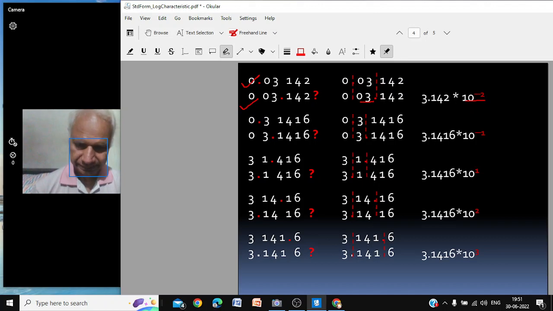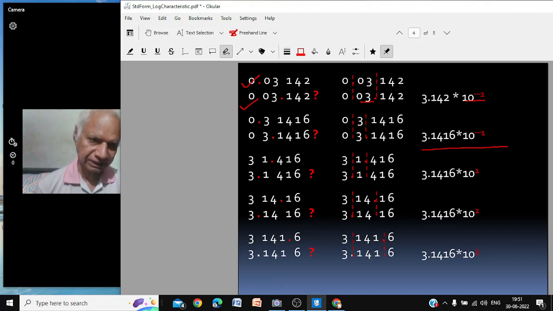Here again see, draw the line in the original position and the final position. Find that only 1 place has been shifted. And if you want to get back the original number, you will have to shift it 1 place back to the left. 1 place back to the left side means minus, so 10 power minus 1.